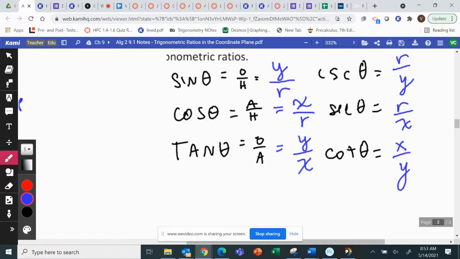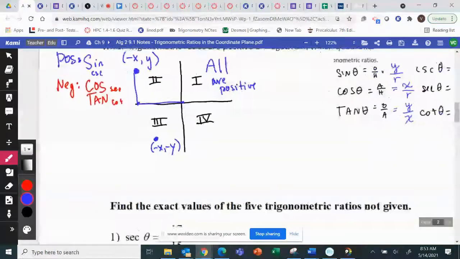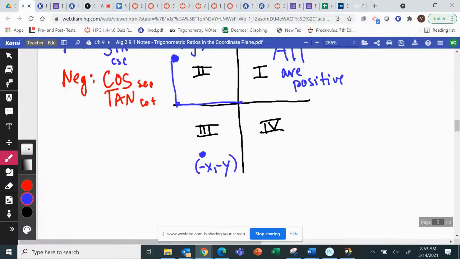Nina? Tangent and cotangent, because if I put a negative over a negative, what does that give me? Positive. That's the only way we'll get positive is if we have two negatives on top of each other. So tangent and cotangent are the only ones that are positive in the third quadrant.